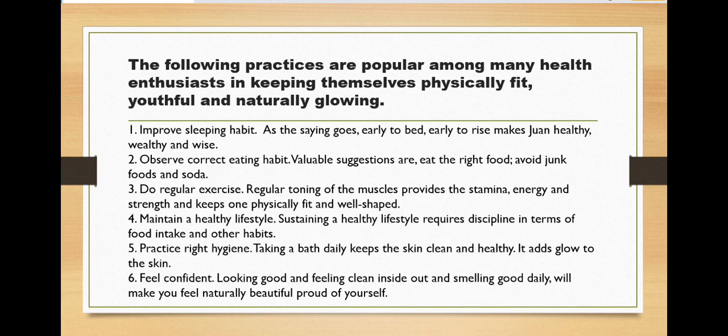4. Maintain a healthy lifestyle. Sustaining a healthy lifestyle requires discipline in terms of food intake and other habits. For example, doing away with drinking and smoking is a prevention against illnesses and diseases.